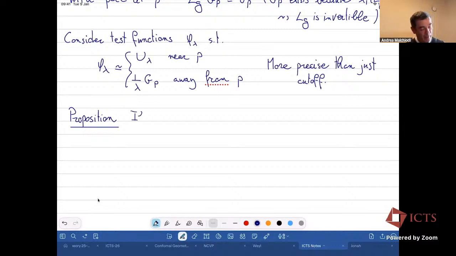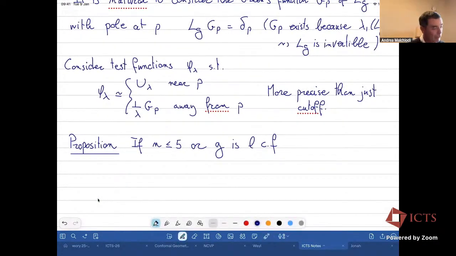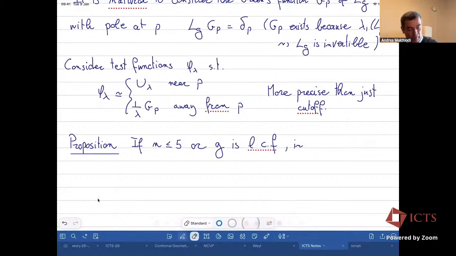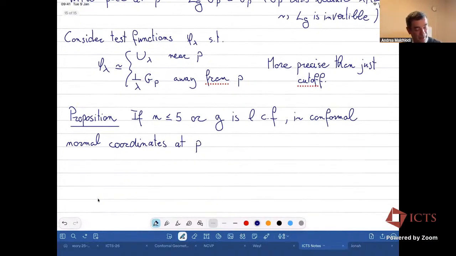So if n is less or equal to 5, or if g is locally conformally flat, which are the cases I'm considering in the slides, so if the dimension is low, or if the metric is locally conformally flat, then in conformal normal coordinates at P, one has that the Green's function G_P writes as the Euclidean Green's function plus some constant A, some bounded term, plus a big O of r.